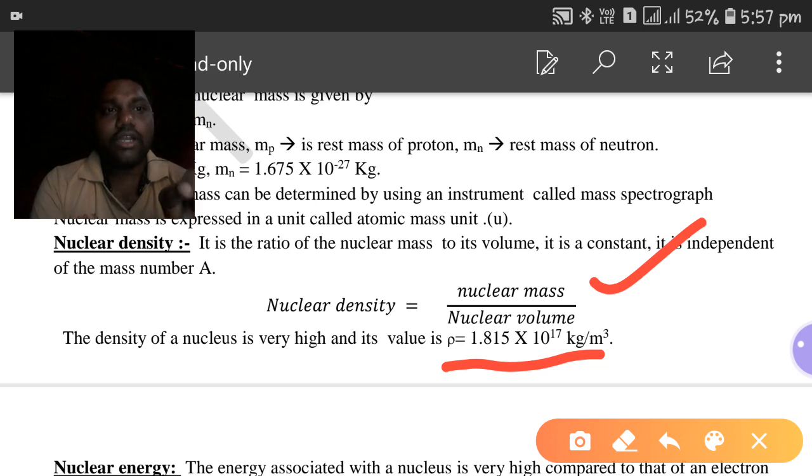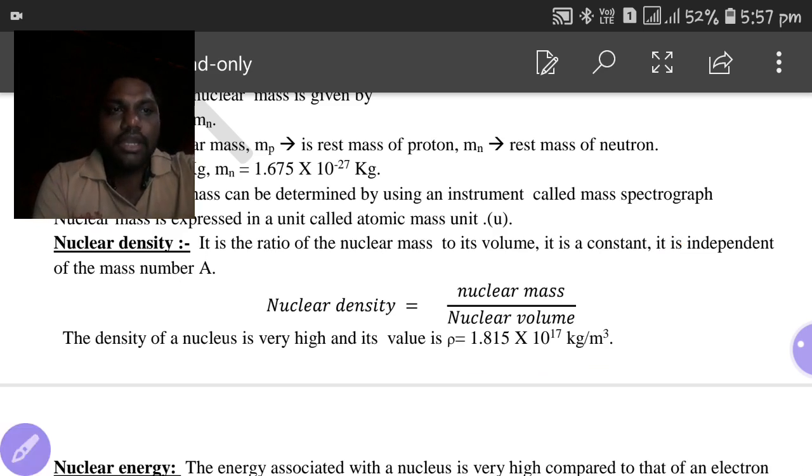It is given by nuclear density equal to nuclear mass divided by nuclear volume, and its value is 1.815 × 10^17 kg per meter cube.